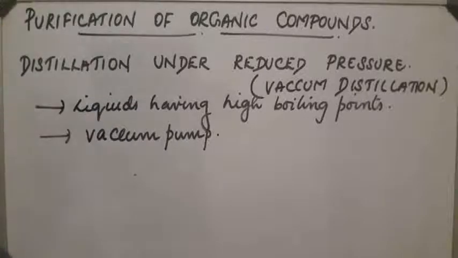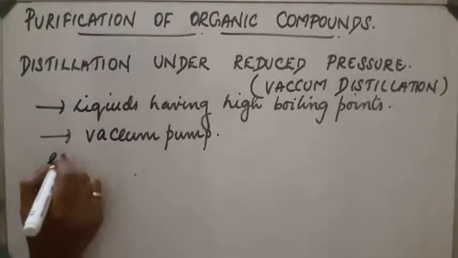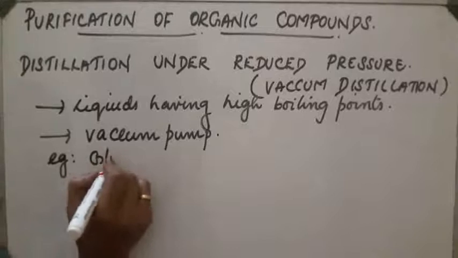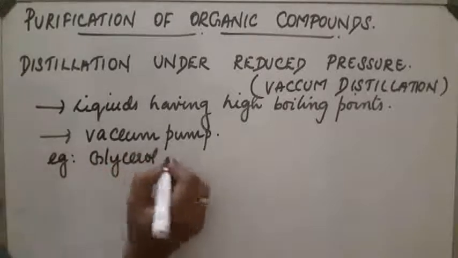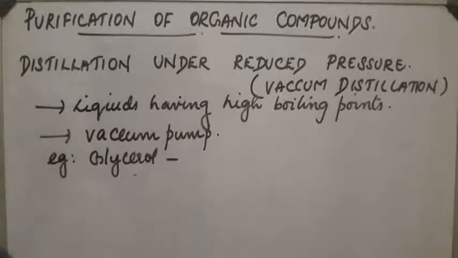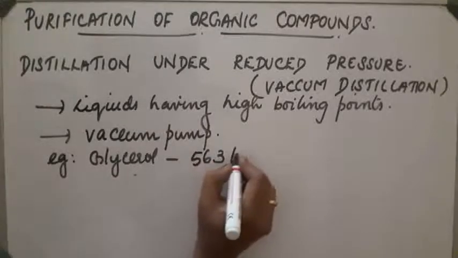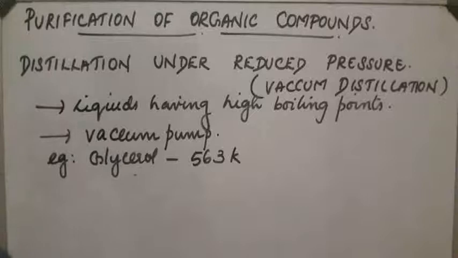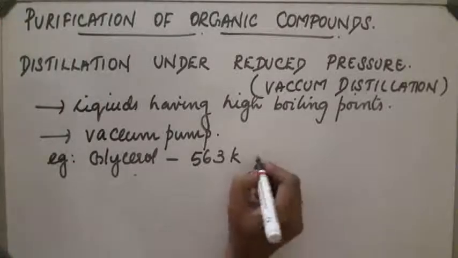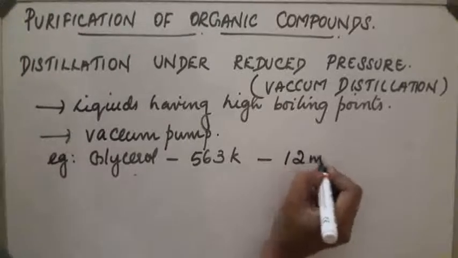Let us take one example, in the case of glycerol. Glycerol has a boiling point of 563 Kelvin. So, before reaching this 563 Kelvin, it will decompose. So, we have to reduce its pressure to 12 mm.